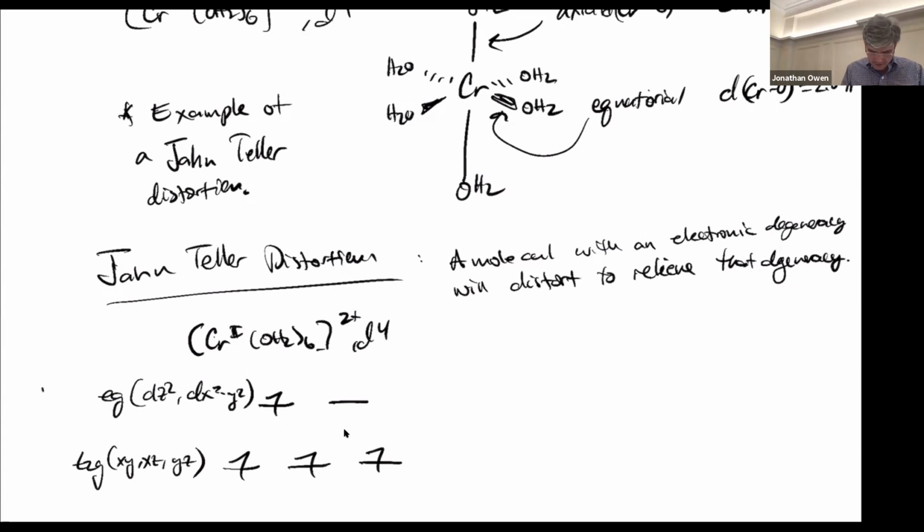And this thing here is sigma star, and this is non-bonding. And you have this degeneracy problem where you have two states here with one electron.